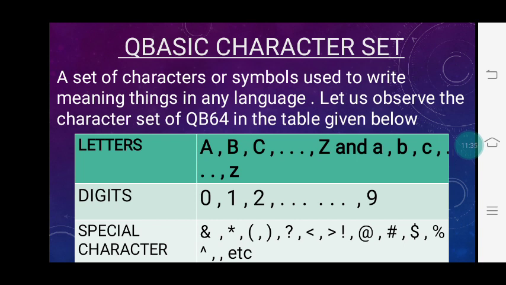Let us observe the character set of QB64 in the table given below. Letters are capital alphabet A to Z and small alphabet a to z. Digits are 0 to 9, and all these special characters we can use in QB64 or QBasic.